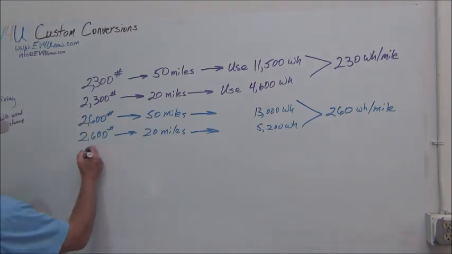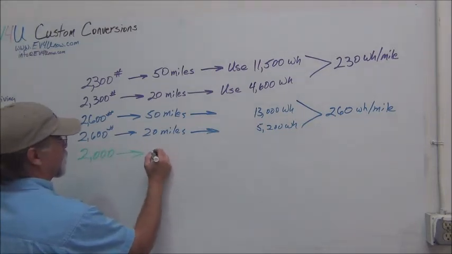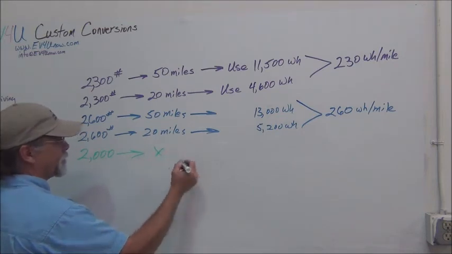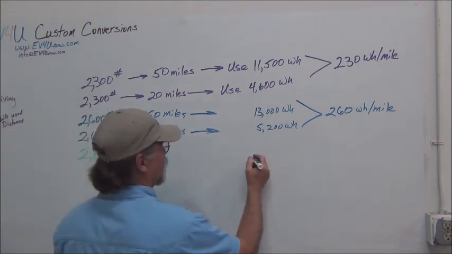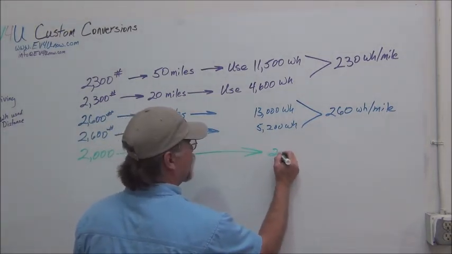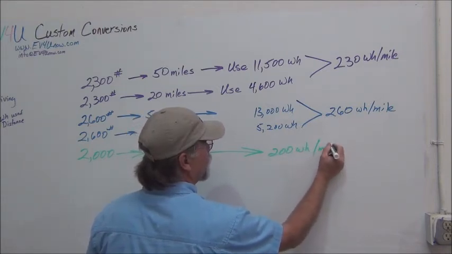We found that on a 2,000 pound car, at X miles, would always come out to be an average of 200 watt hours per mile.